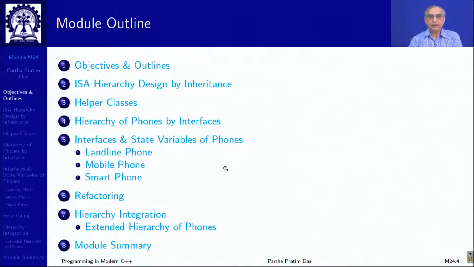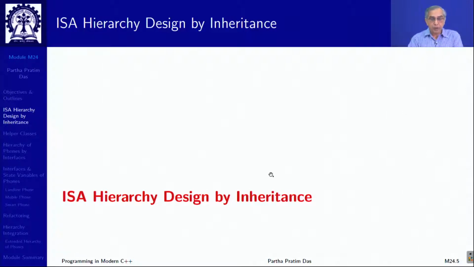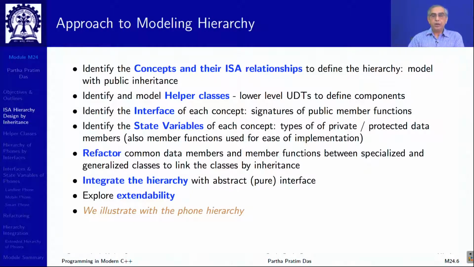So, this is the outline which will be available on the left. We start with ISA hierarchy design by inheritance. There is no very strict process to do the modeling and implementation of the hierarchy using inheritance in C++, but I have tried to highlight a kind of flow that you can adopt for your cases whenever you need to do that.